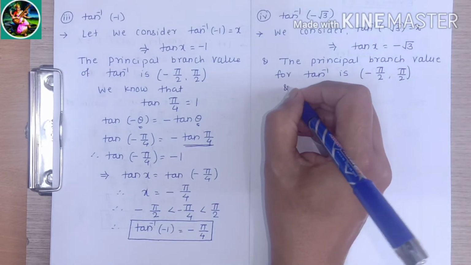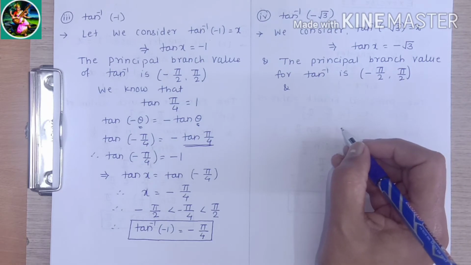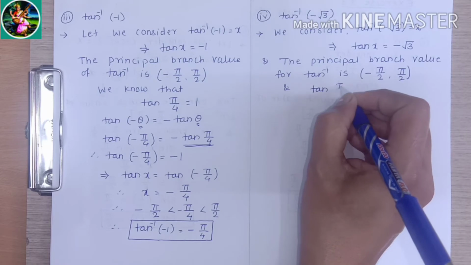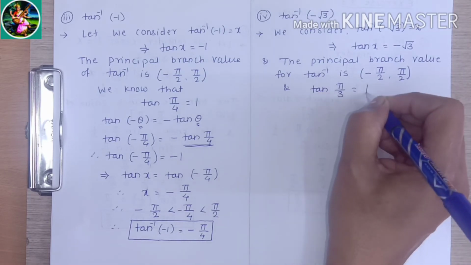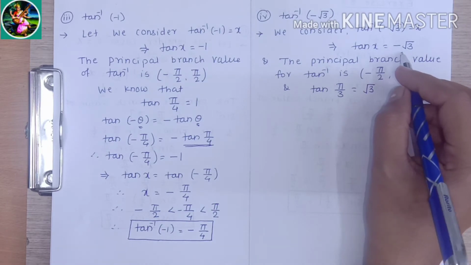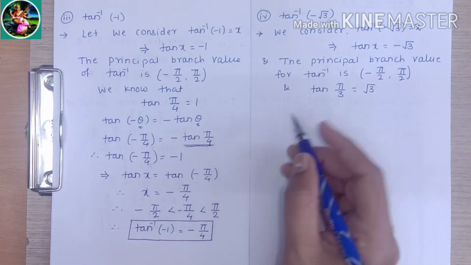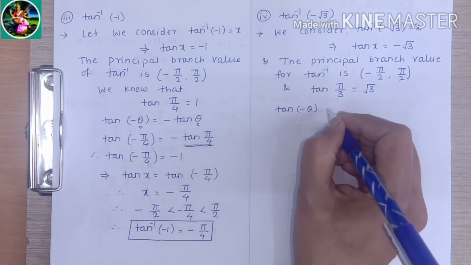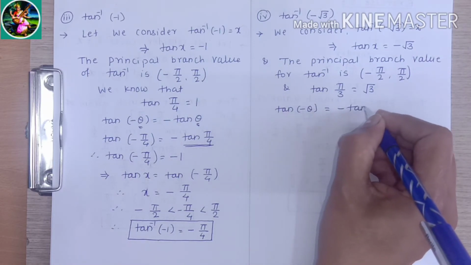And we know that tan of pi by 3 is equal to root 3. Here also we have tan x is minus root 3. Again we use the negative angle formula, that is tan of minus theta is equal to minus tan theta.